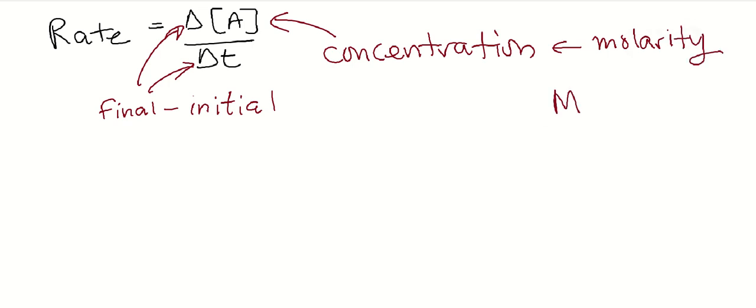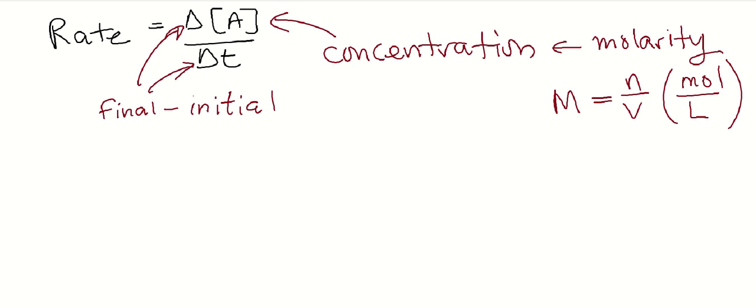Right, and we'll use the symbol M, which is moles per unit volume. Most oftentimes it'll be moles per liter, for example, moles per liter, right? Which is going to be called molarity or molar concentration.